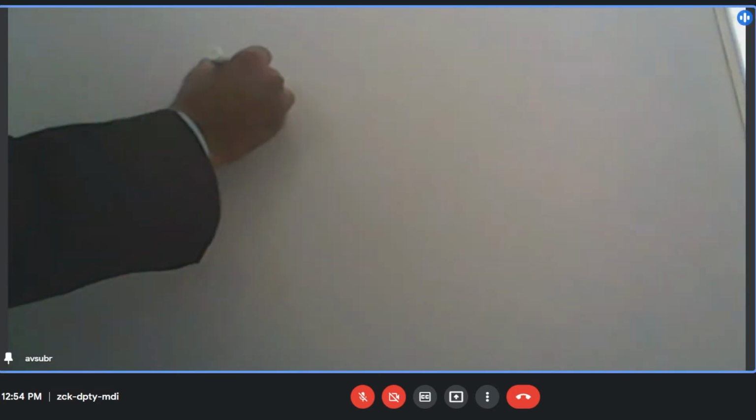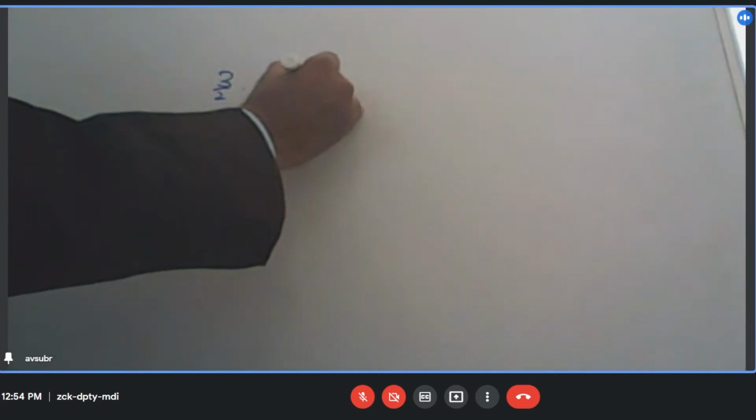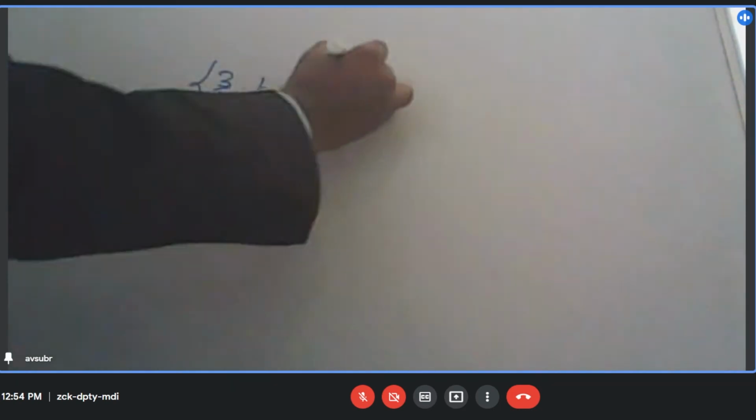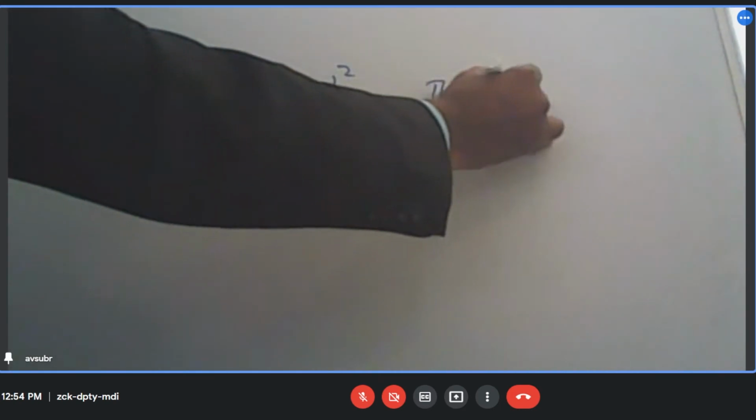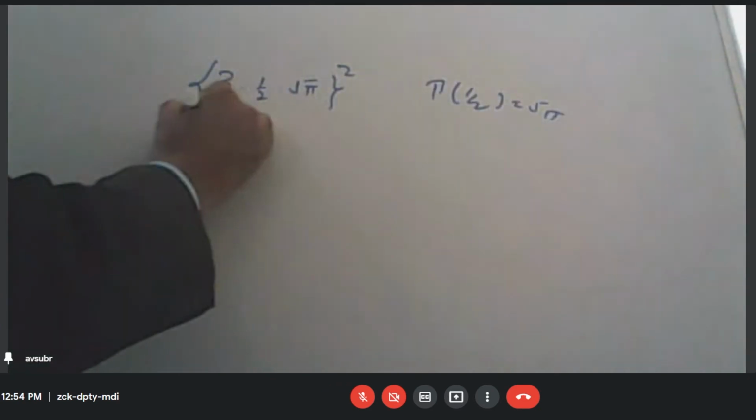Sir, the answer will be 3 pi by 96. Which one? The previous answer, the third one. I don't think so. Let me just see. 3 by 2 into 1 by 2 into root pi, whole squared. Gamma 1 by 2 is root pi, the whole square.